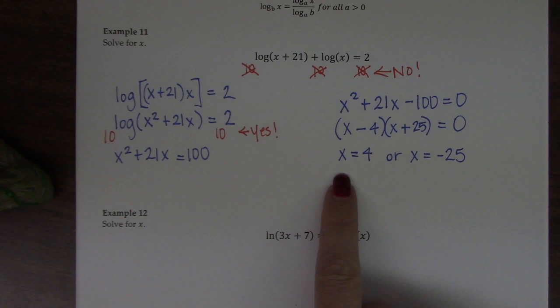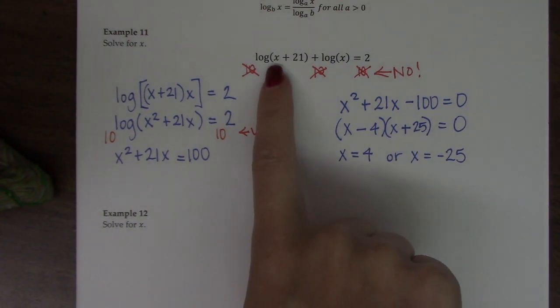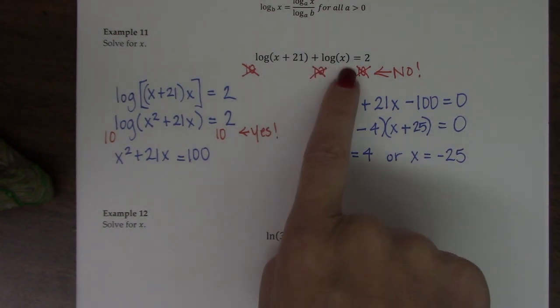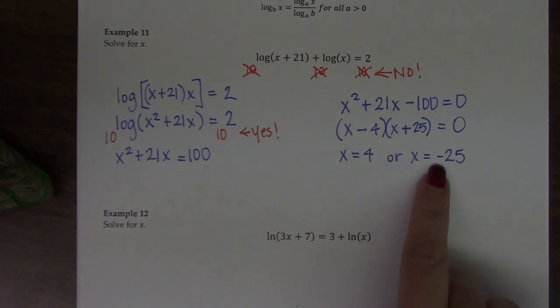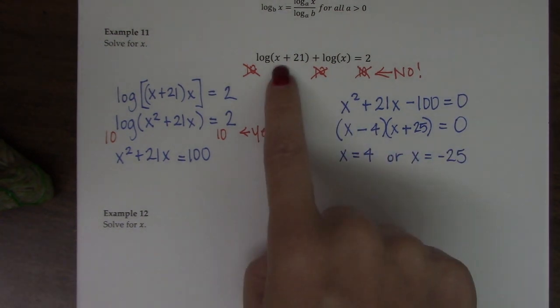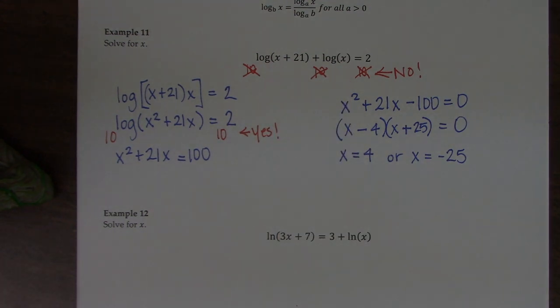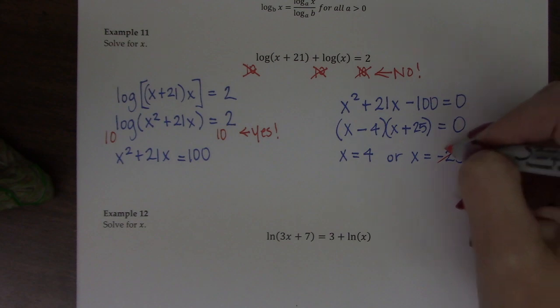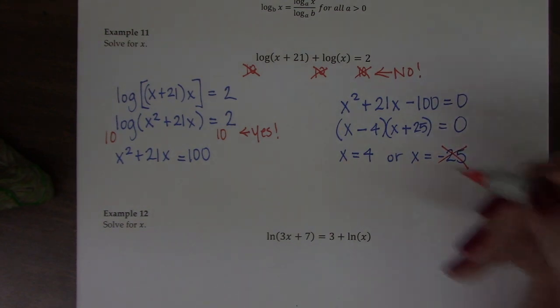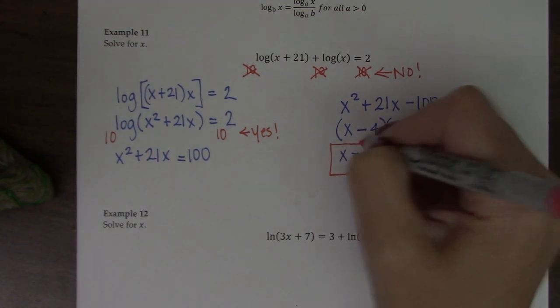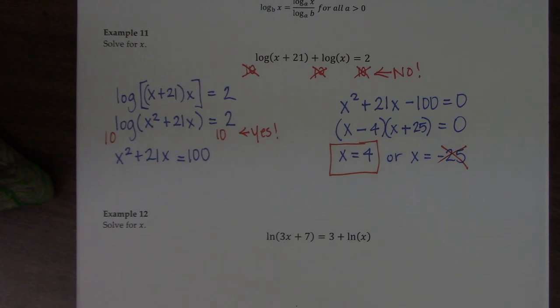So 4 is going to be okay, because 4 plus 21 is 25, and 4 works. But negative 25 is going to give you a negative 4 and negative 25. So we actually have to throw out the negative 25 as an invalid solution, and the only correct answer is x equals 4.